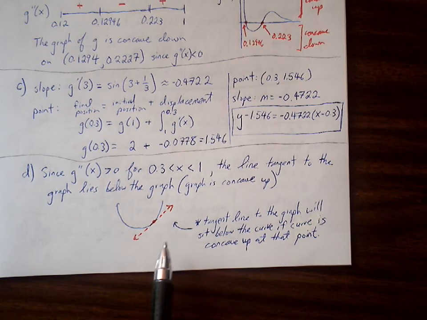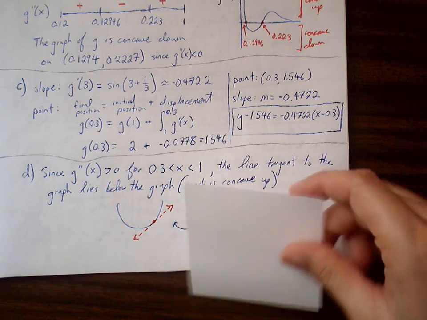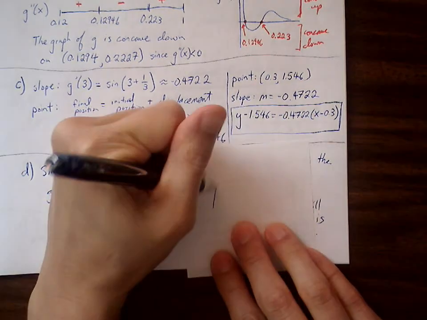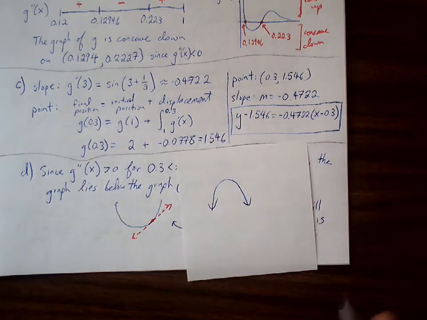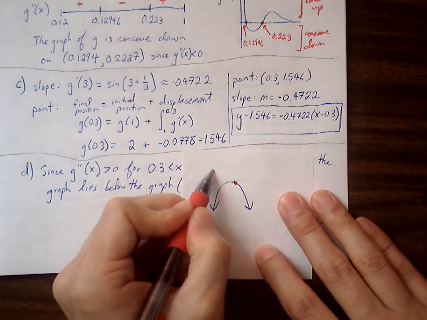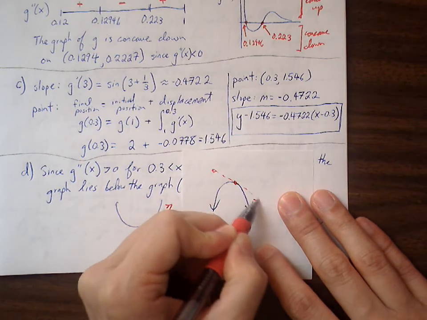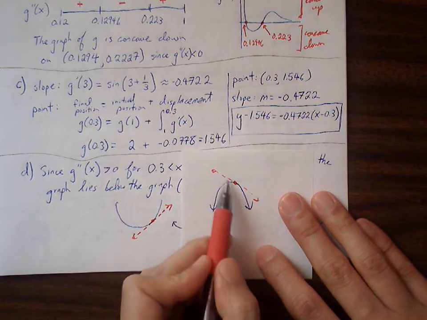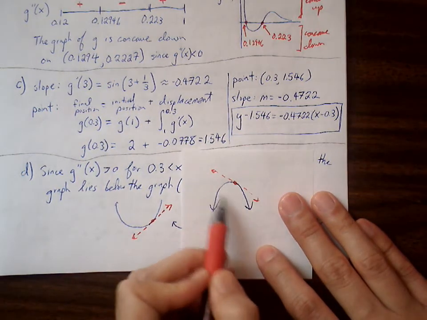Now, likewise, if a graph is concave down, then any tangent line that is on the graph that is part of a concave down behavior will always over approximate, will always sit above the actual graph.